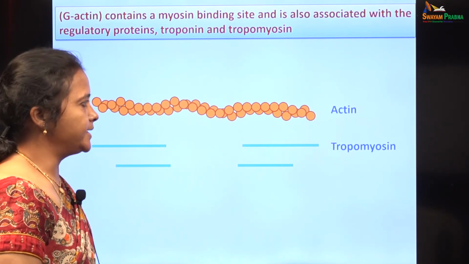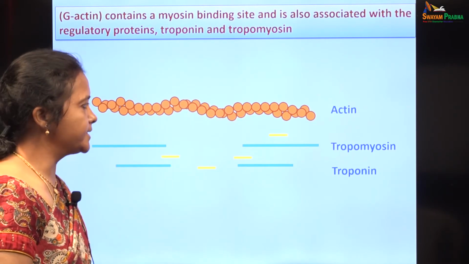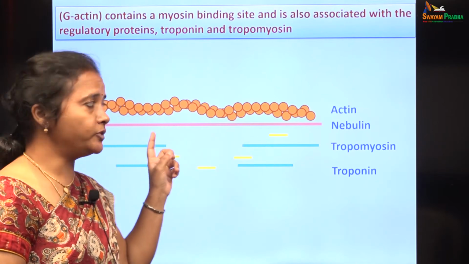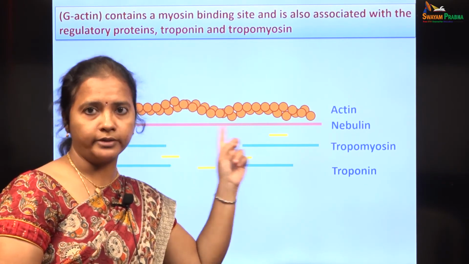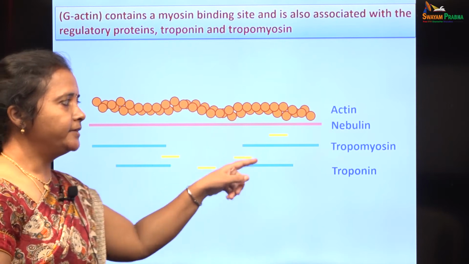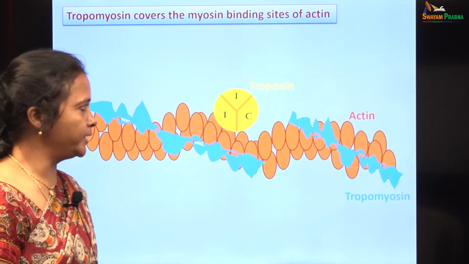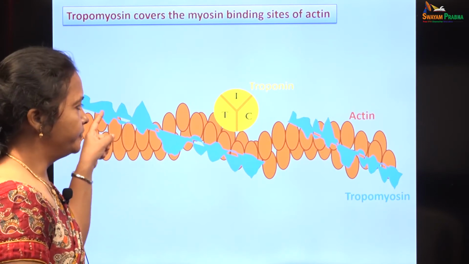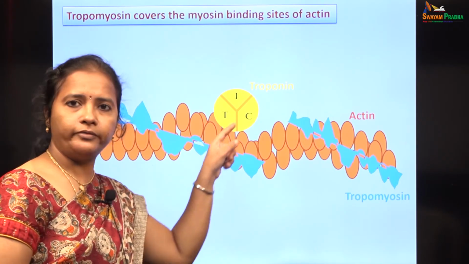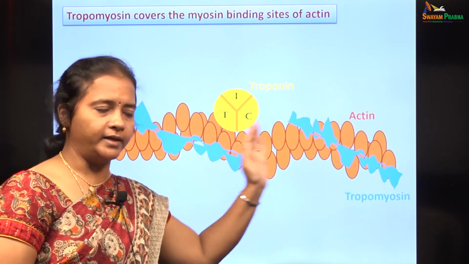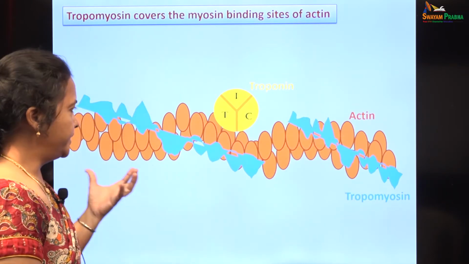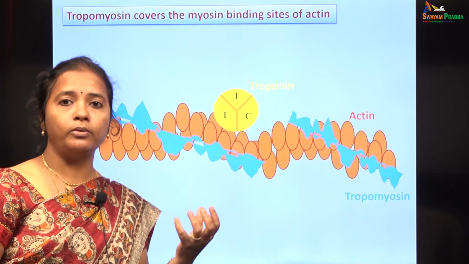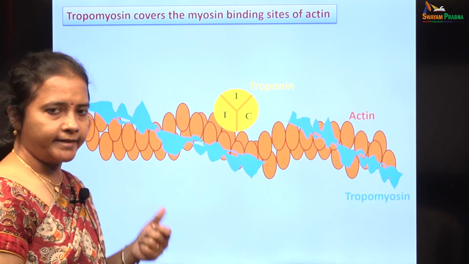And the other proteins are tropomyosin, troponin as well as nebulin. Nebulin is a protein which is responsible for regulation of the length of the thin filament or the actin filament. Other than that, we have the tropomyosin and troponin molecules. Tropomyosin is again a 2 chain polypeptide which is present in the groove of the actin filament throughout its length, and the length of a single tropomyosin molecule corresponds to about 7 globular actin molecules.